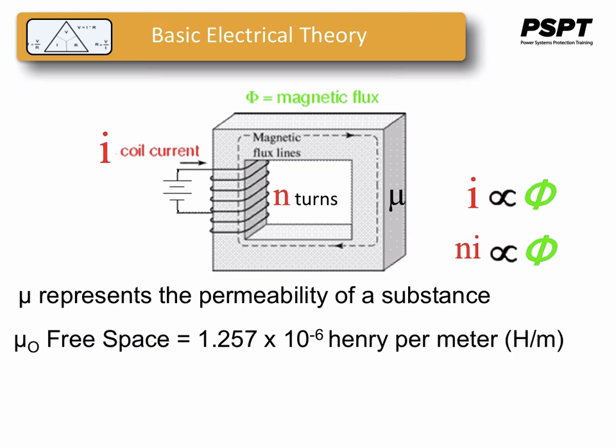This constant is equal to approximately 1.257 times 10 to the negative 6 henries per meter in free space, or a vacuum. In other materials, it can be much different, often substantially greater than in free space, which is symbolized by the Greek letter mu with a subscript 0.